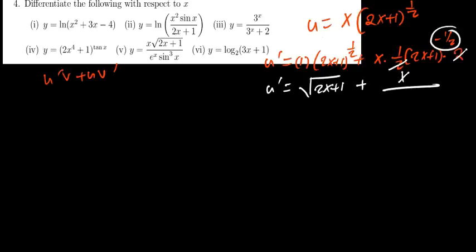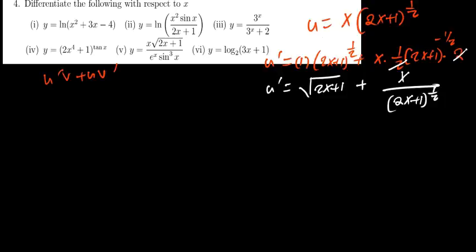When you reach this point, this 2 and that 2 can go. My u prime is now the square root of 2x plus 1, plus x on top. Because there is a negative power, it goes to the denominator. So that becomes 2x plus 1 raised to the power half, like that. I hope I've not made any mistake.